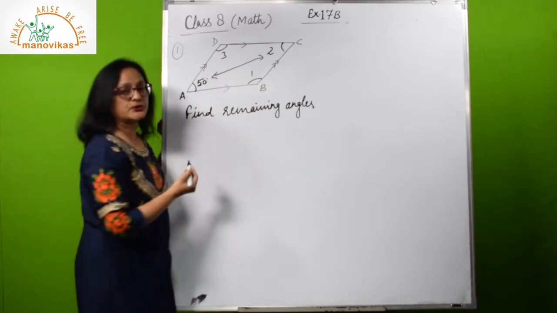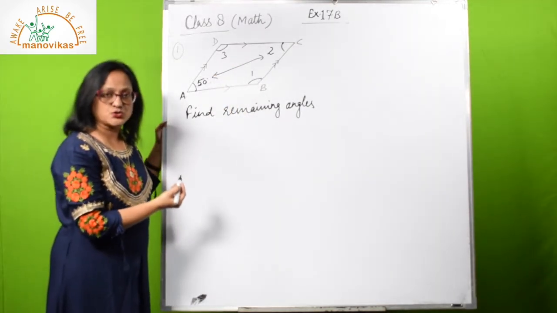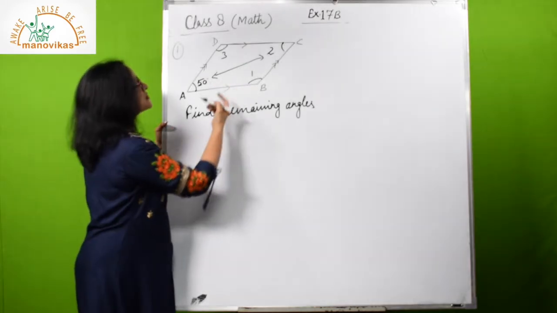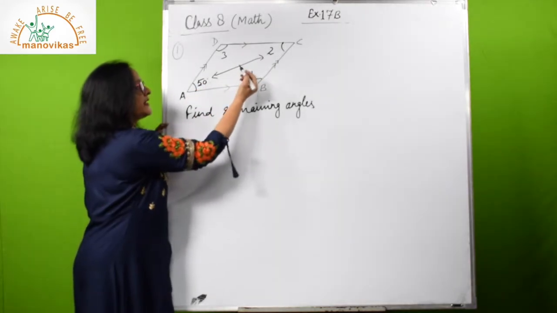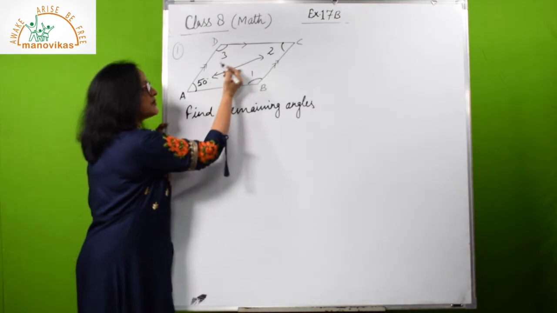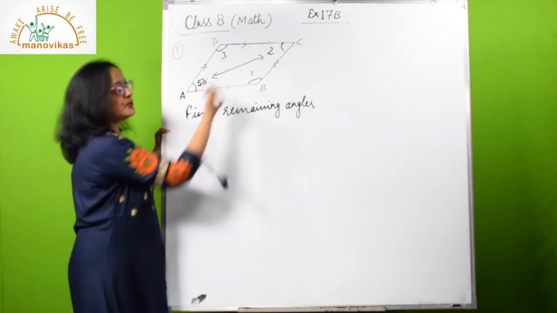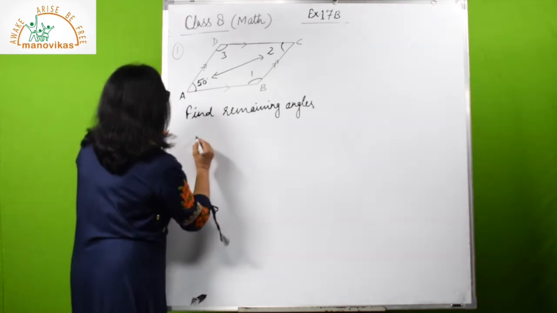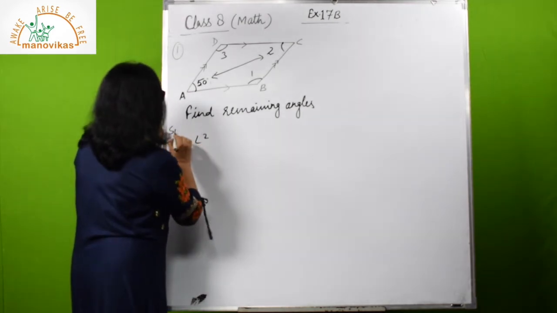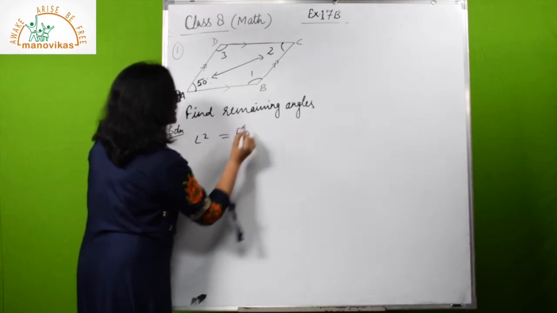In the beginning I told you, you should know the connection of the given angle with the angle that is to be found. So here we can make the connection between the given angle, 50 degree, and the angles to find, angle 1, 2 and 3. So first we are taking the connection with angle 2 because these are opposite angles, so they will be equal. So here we will use angle 2 is equal to 50 degree. Why have we taken 50 degree?